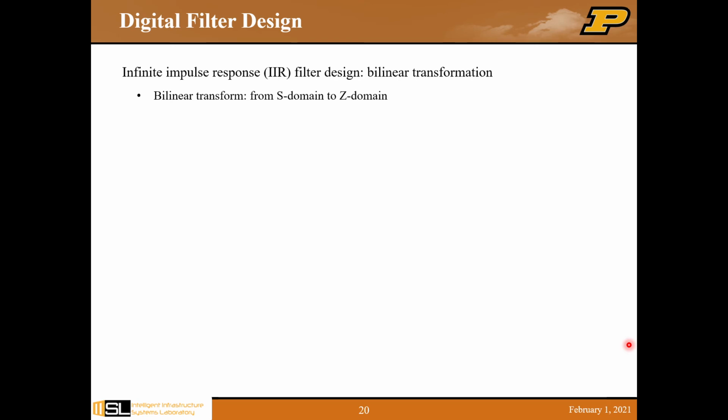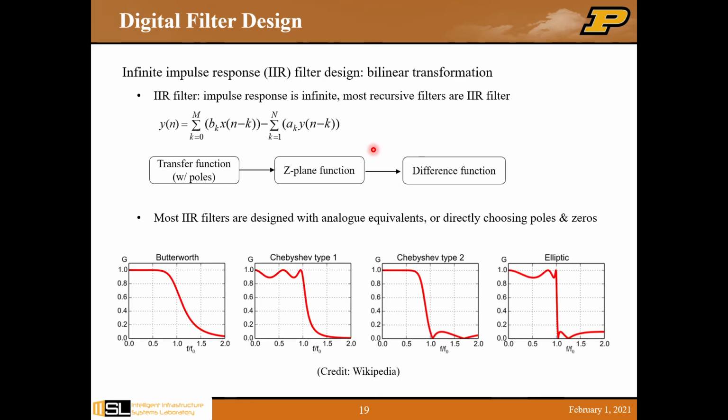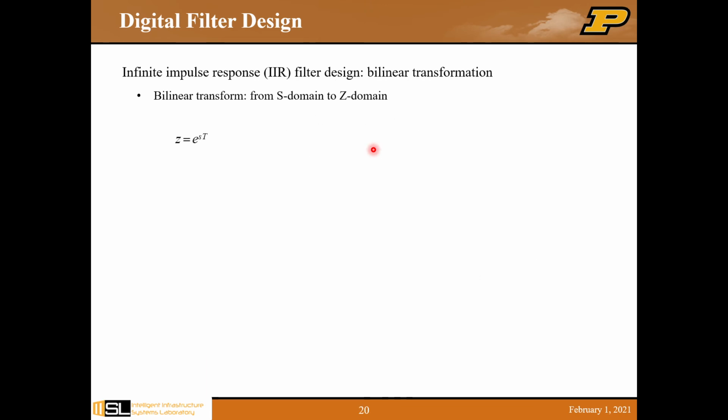Before we give an example of how to design our filter, maybe we need to spend some time to clarify what the bilinear transform is. It is a transformation from the S domain to the Z domain. Remember, Z is equal to e^(sT).